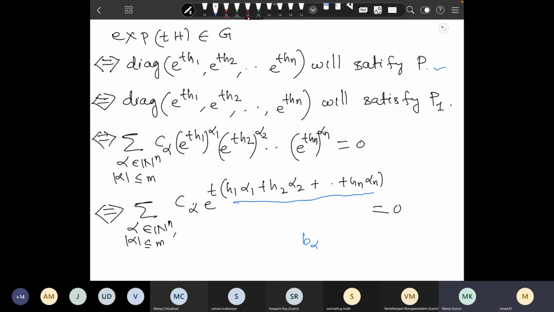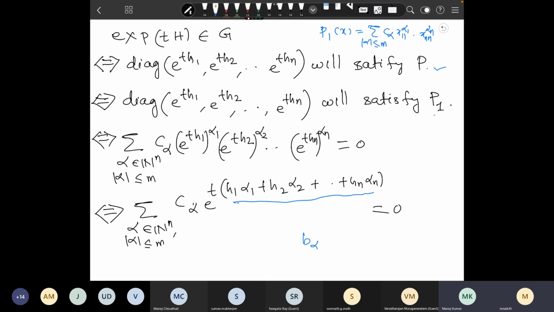Now P1, this is equivalent to saying it will satisfy P1. And what is P1? P1 is the sum of C alpha x1 to the power alpha 1 up to xn to the power alpha n, with mod alpha less than m. I am putting x1 as e to the power th1 to the power alpha 1, e to the power th2 to the power alpha 2, up to e to the power thn to the power alpha n.